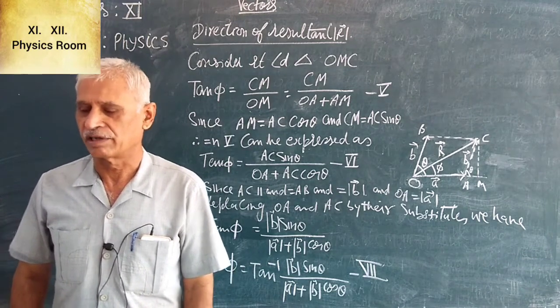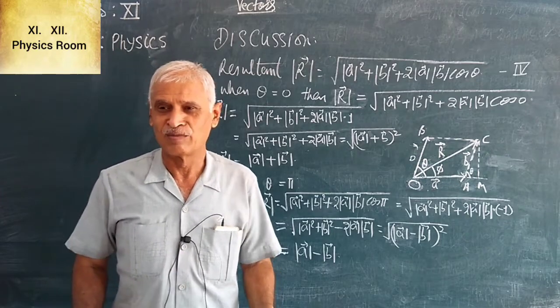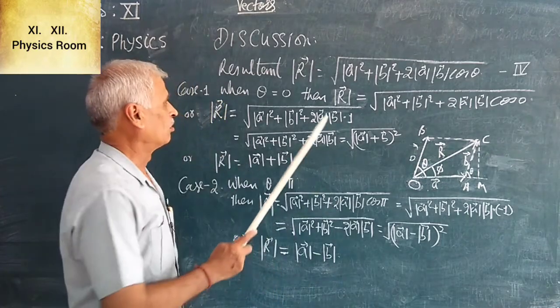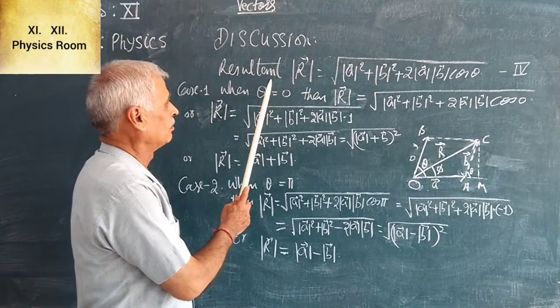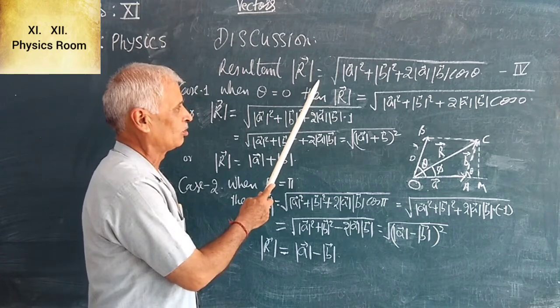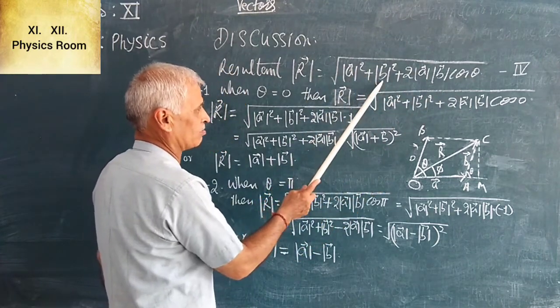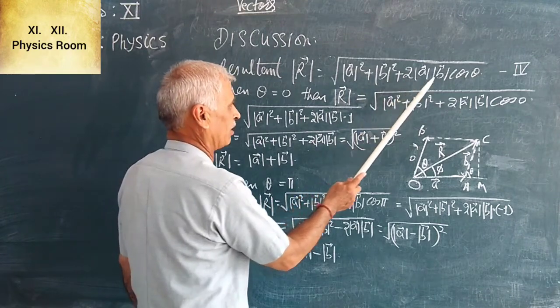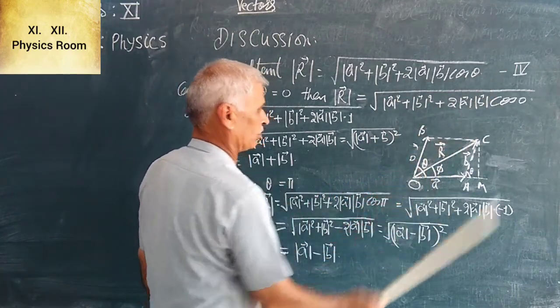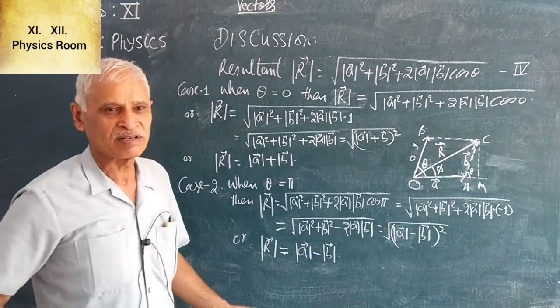Now we come to discussion on the result. Resultant R is equal to under root of mod A square plus mod B square plus 2 mod A mod B cos theta. This is equation number 4, as we have already mentioned.